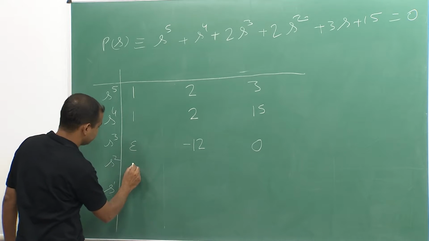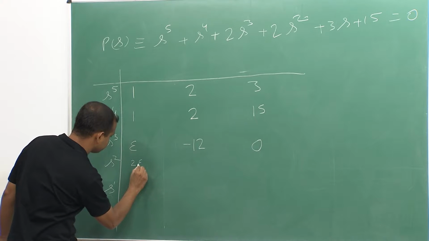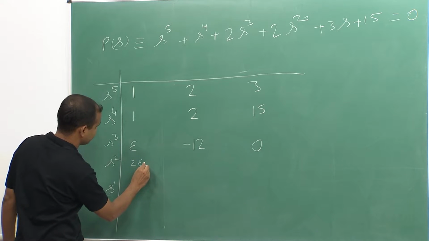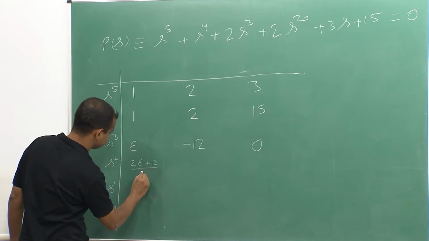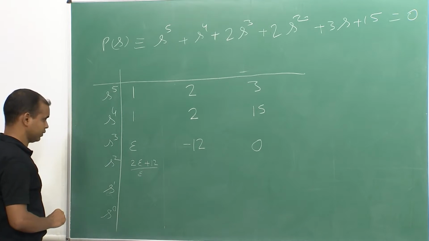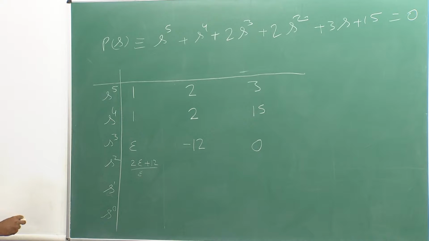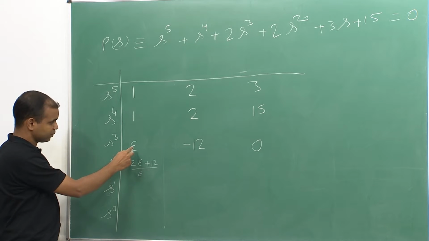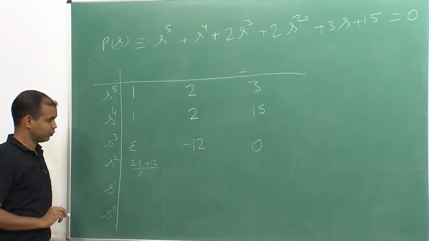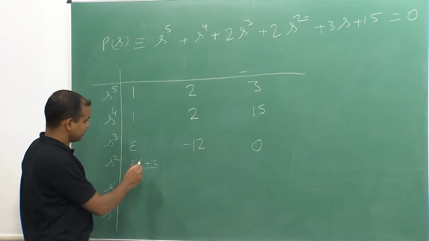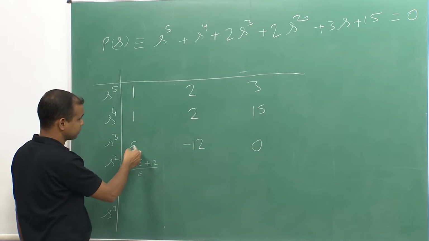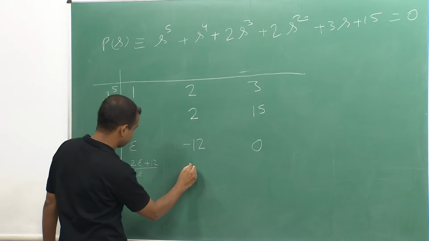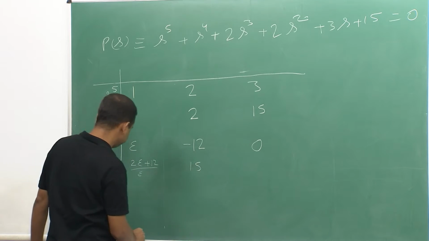Here I will get 2 epsilon plus 12 by epsilon, and epsilon is a very small positive number which is tending to 0. Here I will get 15 into epsilon divided by epsilon, so it will be 15.